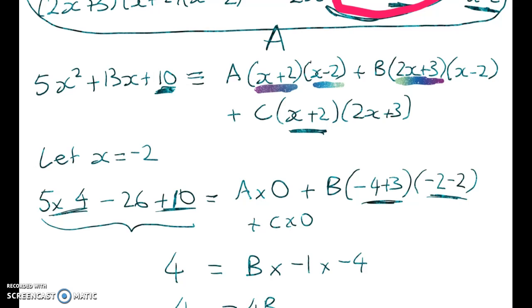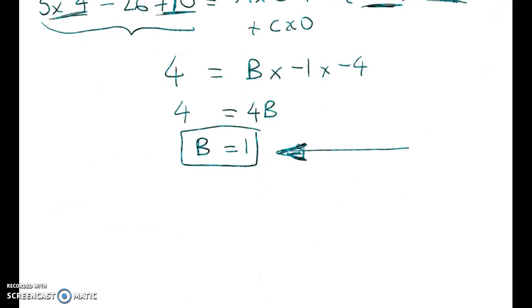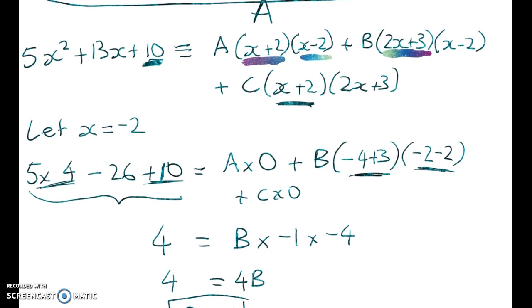Next we're going to substitute in x equals 2. What will that give me? Well, I get 5 times 2 squared, so 5 times 4, plus 13 times 2 is 26, plus 10 is equal to, let's see, we're going to have 0 here and 0 here.